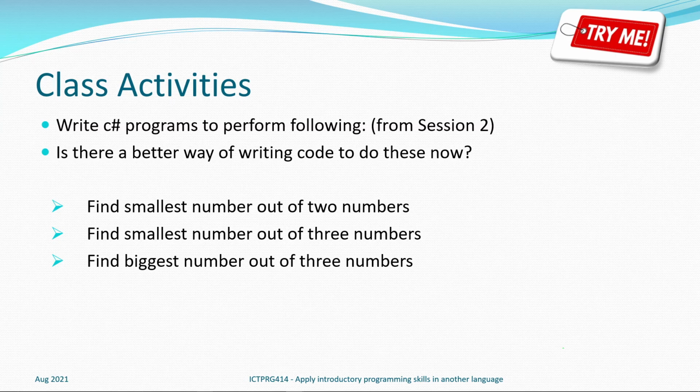Is there potentially a better way for you to write the programs that you did after the second session? Is there a neater, more efficient way? Hopefully you'll say yes. And through the power of recording, you hit pause, go off and do it, and I'll see you in the next one. No, I said to hit pause and go do it.